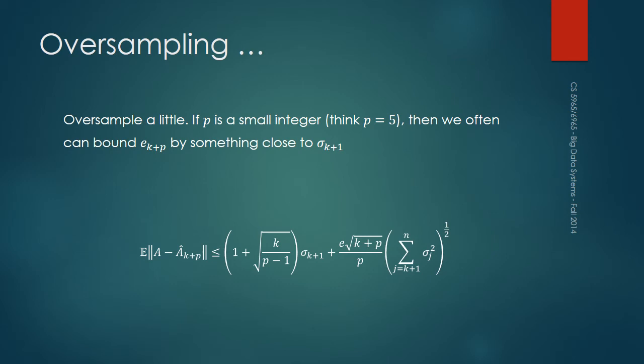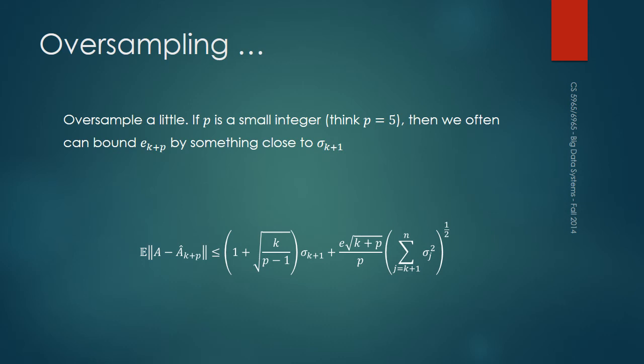The more important thing to notice is it really depends on the rate of decay of the eigenvalues themselves. So this goes back to what our original problem was, that if you have a situation where the true rank is low and it's decaying rapidly, then randomized SVD with a little bit of oversampling gives you a very good approximation.